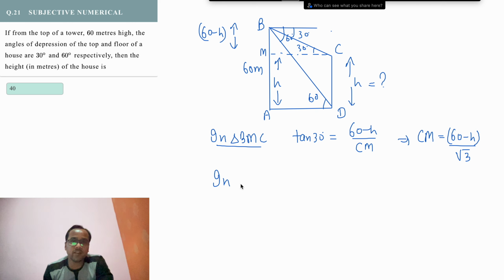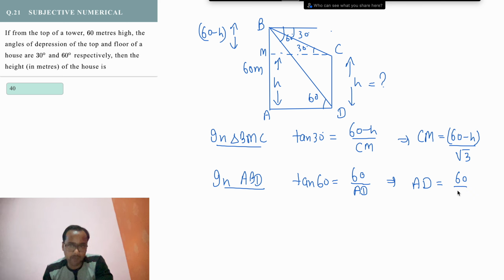Similarly, in triangle ABD, tan 60 will be equal to 60 upon AD. So from here AD can be obtained as 60 upon root 3. CM and AD will be equal.